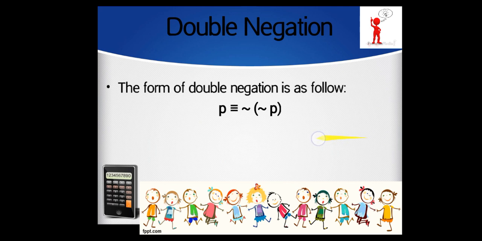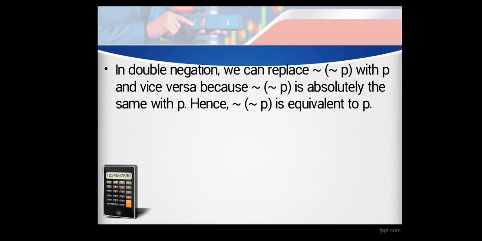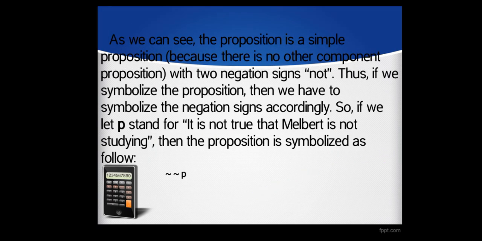That is double negation. So in double negation, we can replace not not P with P and vice versa, because not not P is absolutely the same as P. Hence, not not P is equivalent to P. So as we can see, the proposition is a simple proposition because there is no other component proposition with two negation signs.